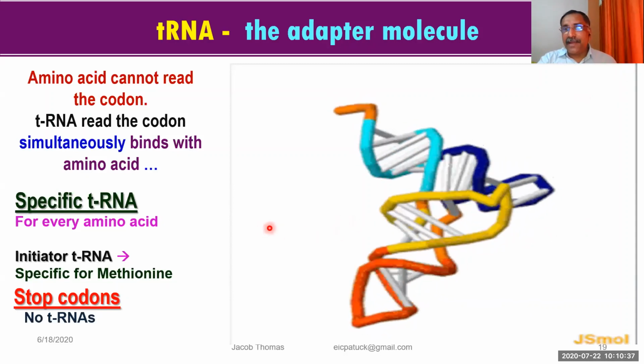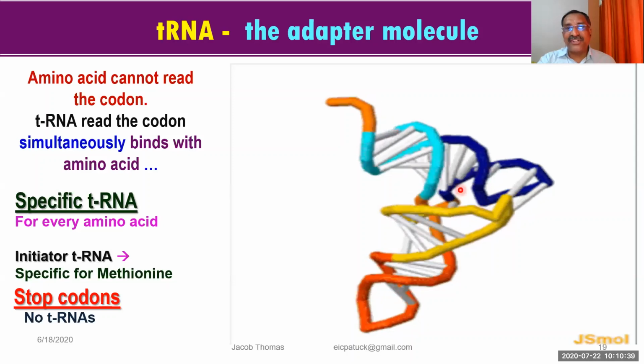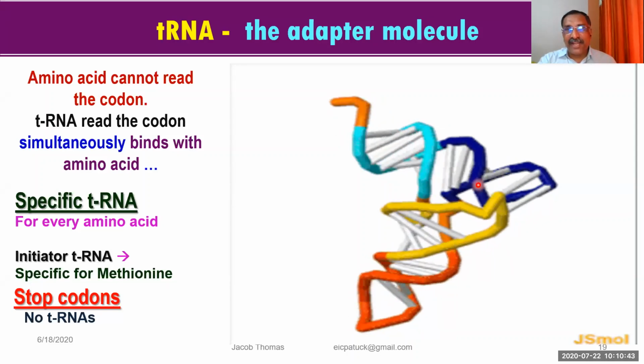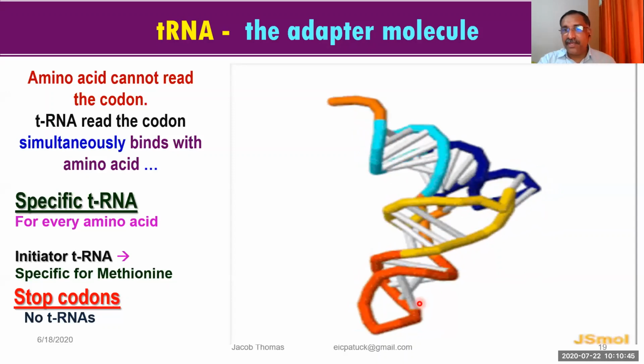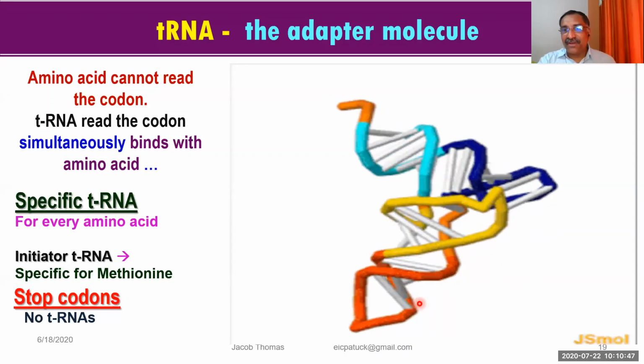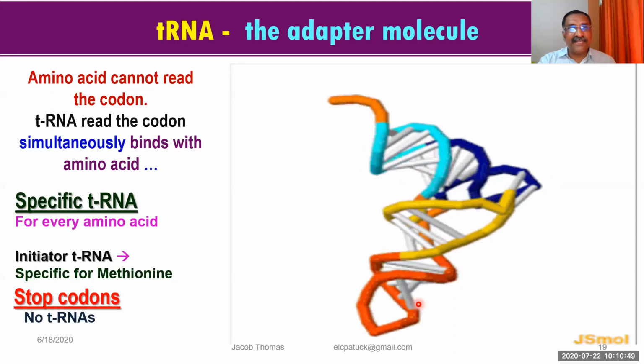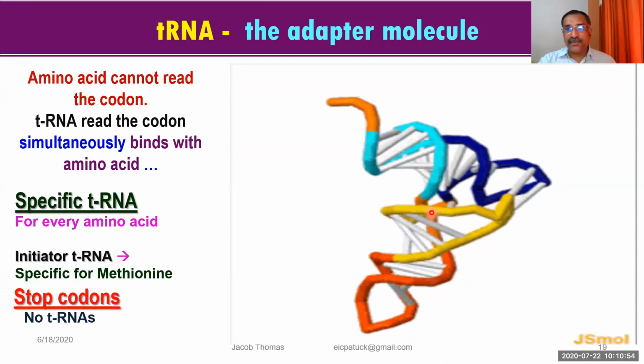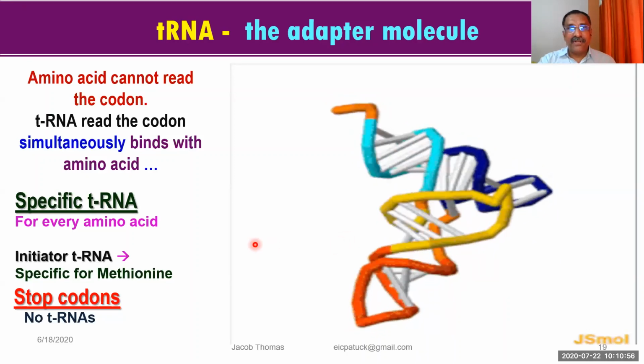Okay, so 3-dimensional is always somewhat L shape. Now you look at the shape, you can say that it is L shape. 3-dimensional is L shape, 2-dimensional is the cloverleaf model. Okay, cloverleaf जैसा दिखता है. But whatever it is, transfer RNA is L shape.